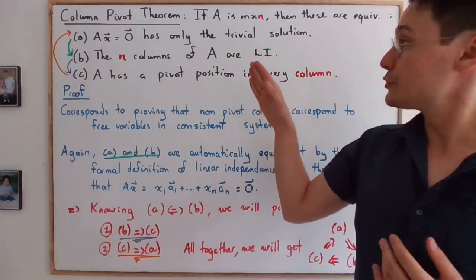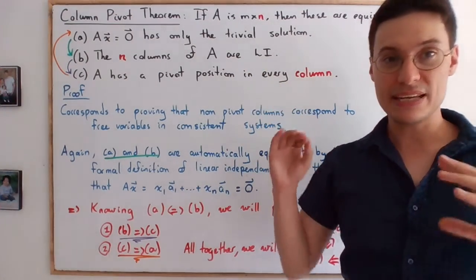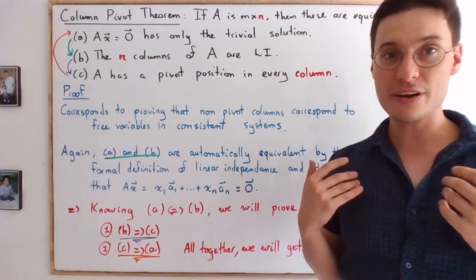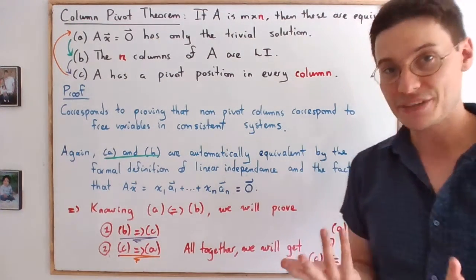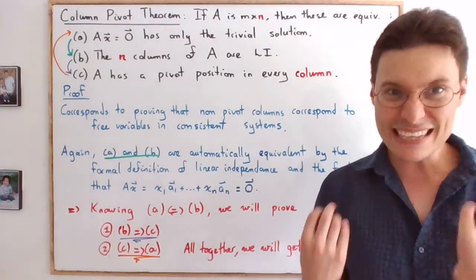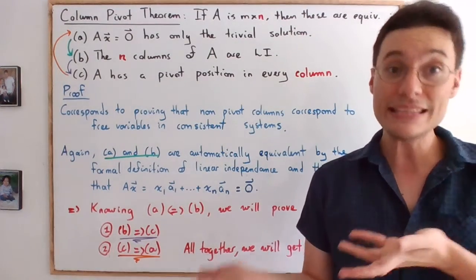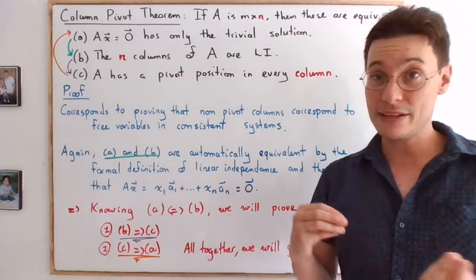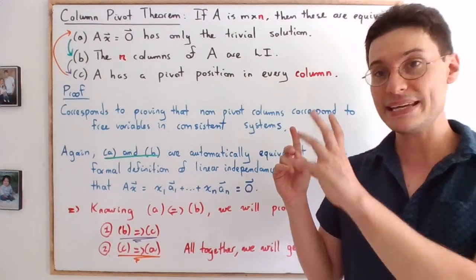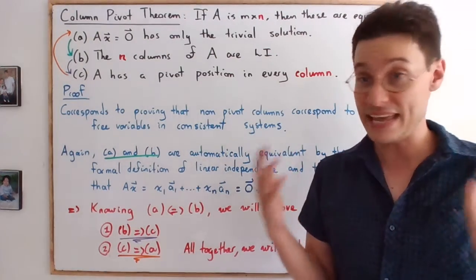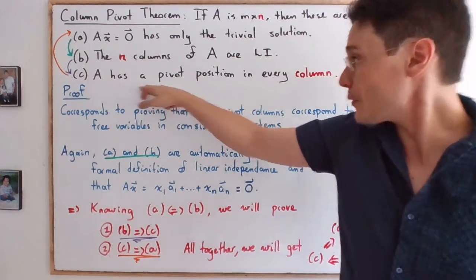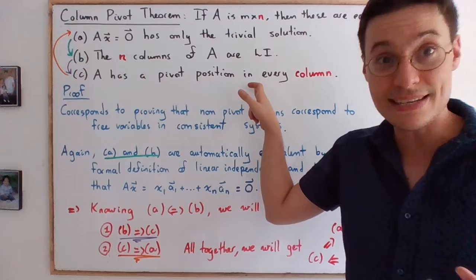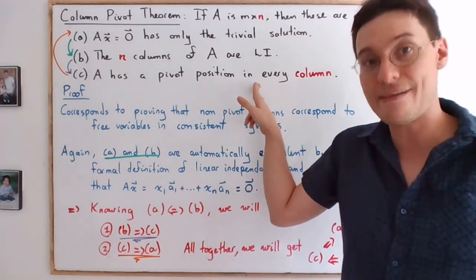So the way to use this theorem is typically you're going to answer a question about linear independence. You will have a set of vectors and you will ask yourself, are these linearly independent or linearly dependent? And the way to use this theorem is to put the vectors in a matrix A as the columns of a matrix A, row reduce it, and answer question C. Does it have a pivot in every column?